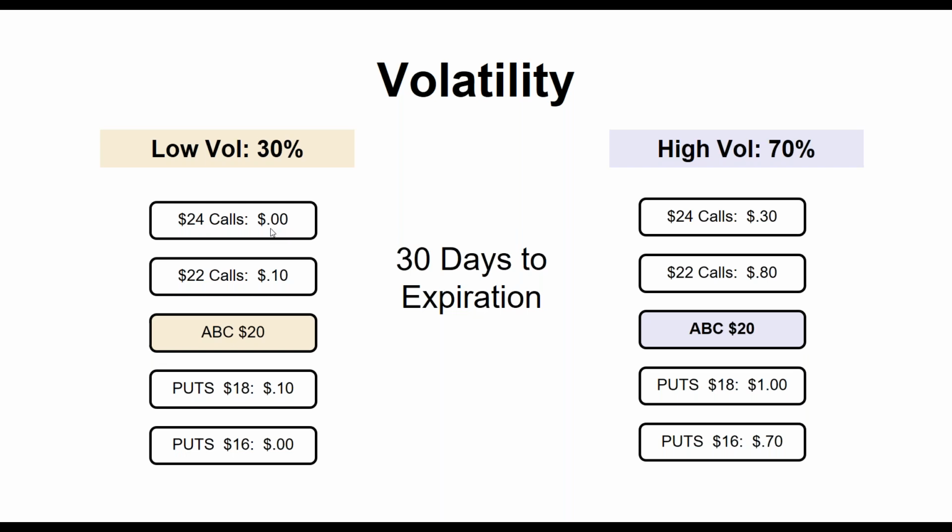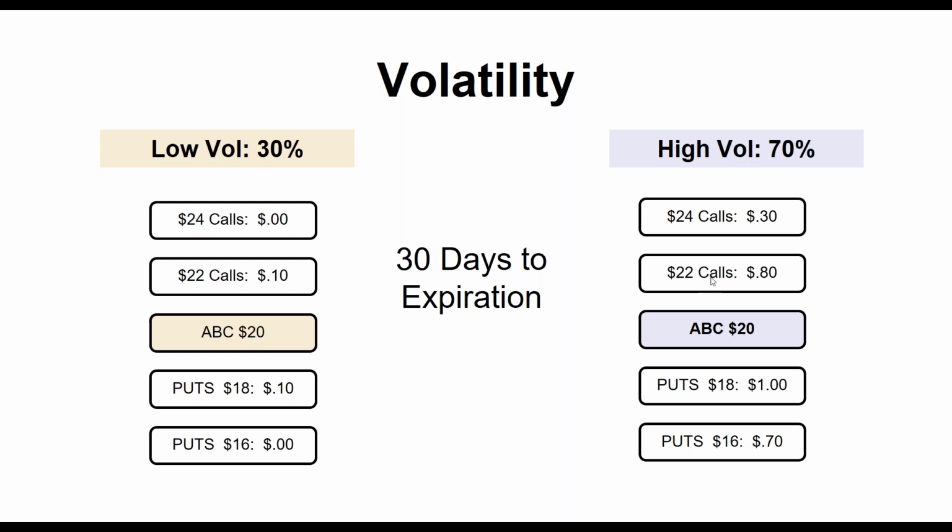It may trade above 24, but the market is pricing it as if it has no chance to get above 24. It's got a small chance to be above 22. So this stock, over 30 days, it might trade like 1950, 2050, 1980, 2020, something like that.